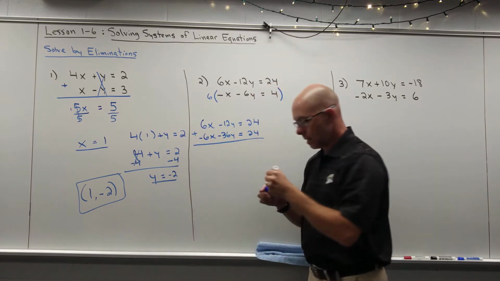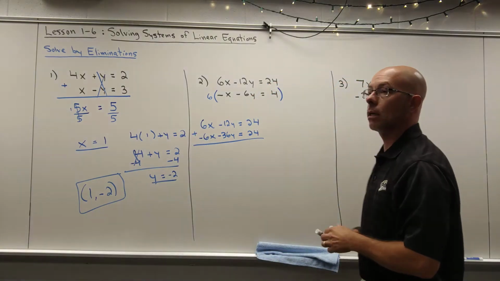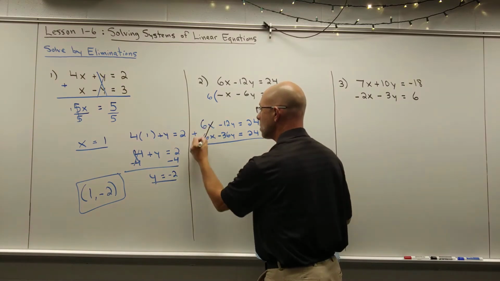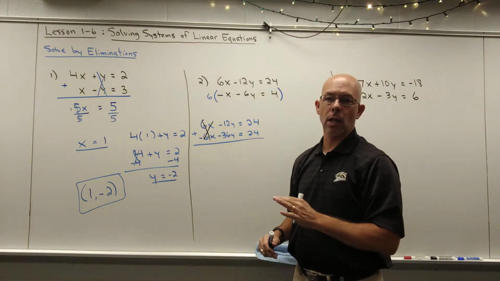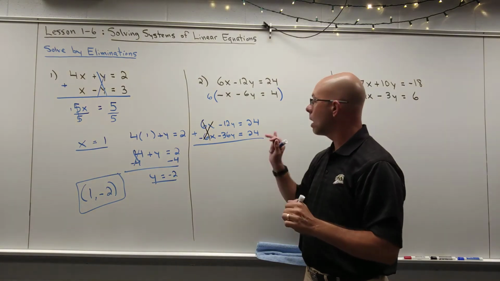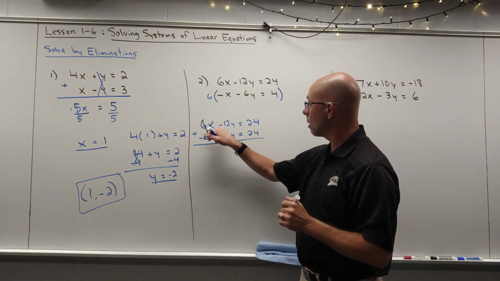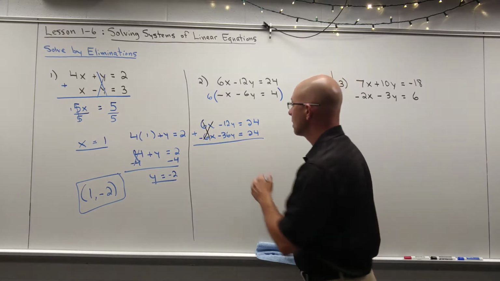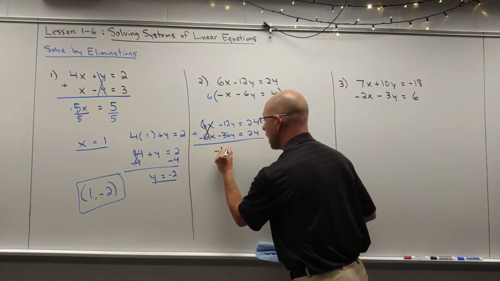Now I'm ready to add these two equations together. The x's, 6 plus negative 6, cancel. There's our elimination. x is eliminated right now. Our y's are negative 12 plus negative 36. That's negative 48y.